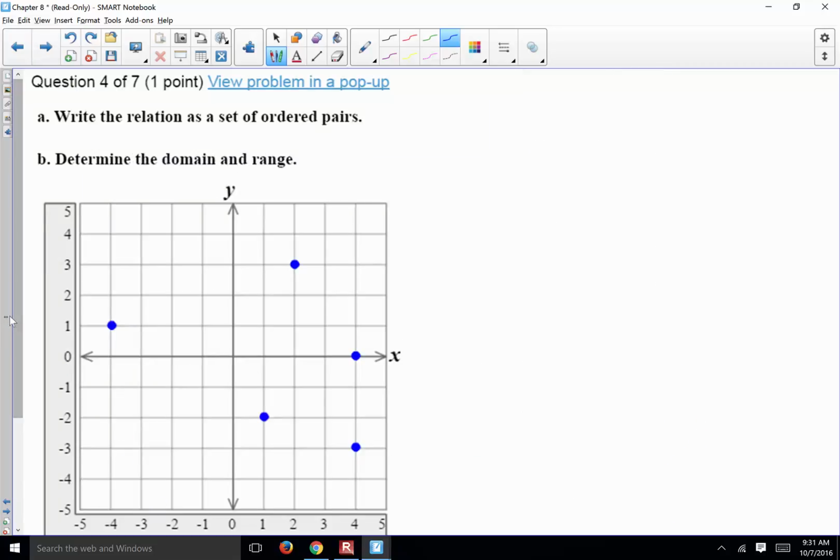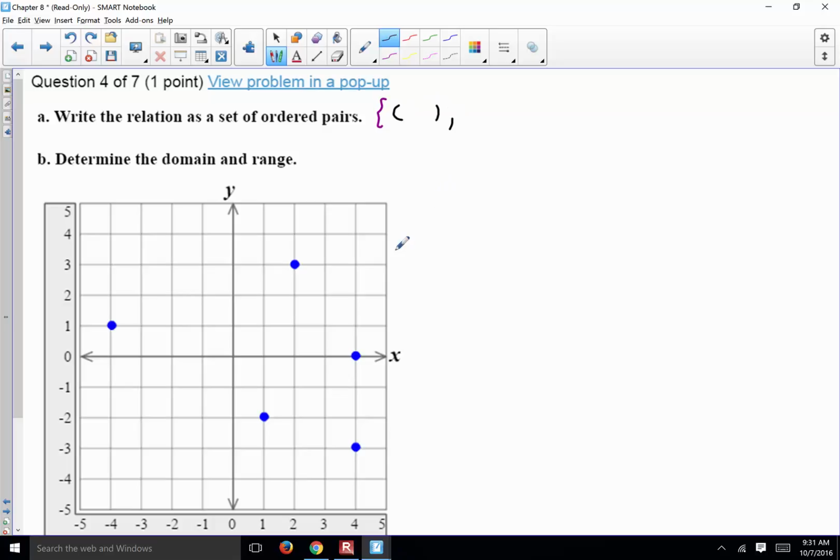Okay, now we're going to do what we did earlier, find domain and range, and also list all relation terms by looking at this graph paper and the dots on it. In part A, you're going to list all those numbers you see here.